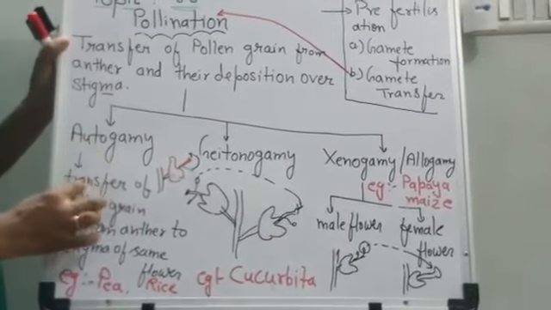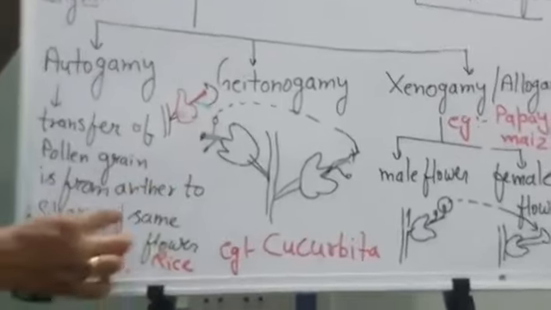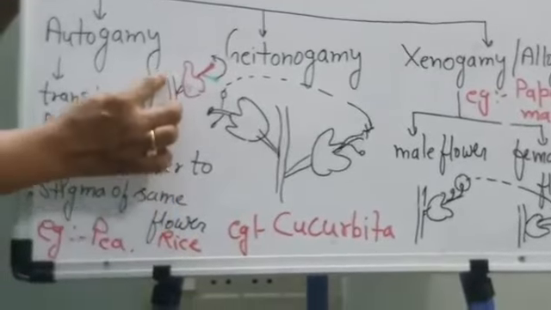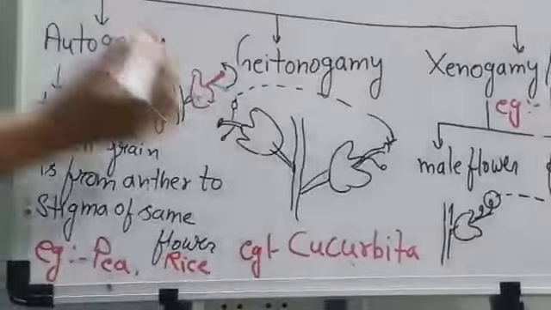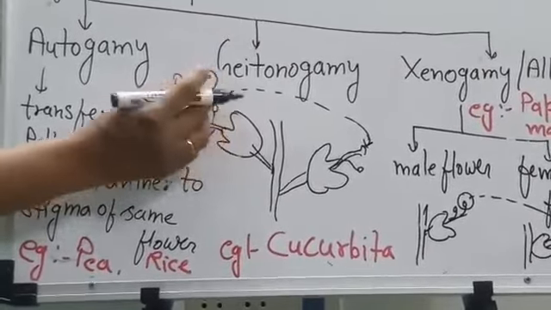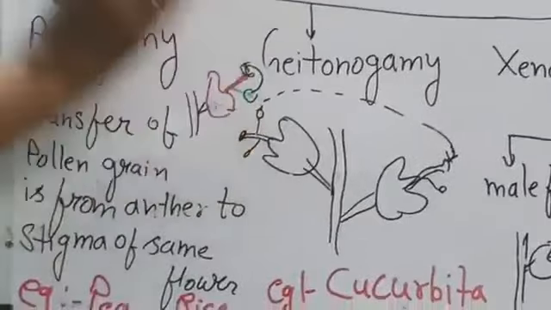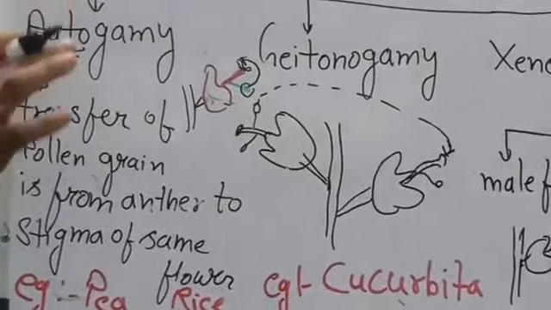Autogamy: transfer of pollen grain from the anther to the stigma of the same flower. It means in one flower, the anther transfers pollen to its own flower's stigma. This is called autogamy, a very pure self-pollination.